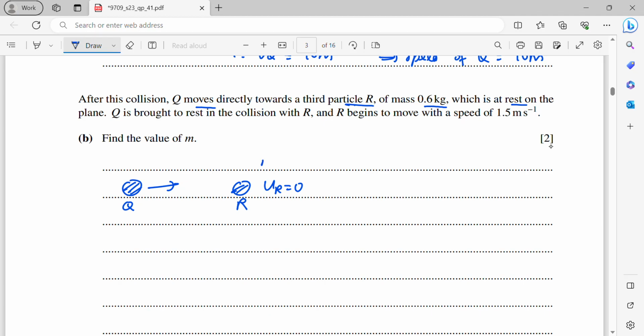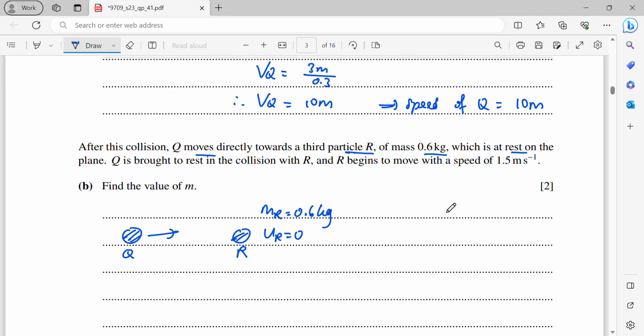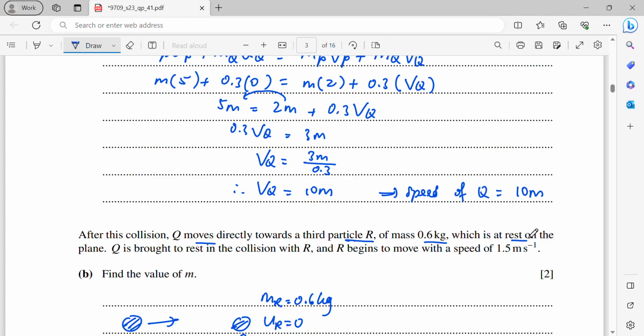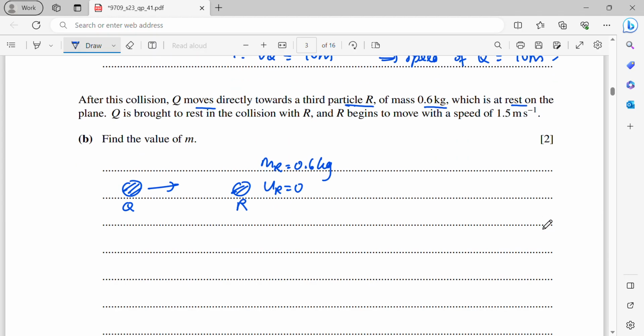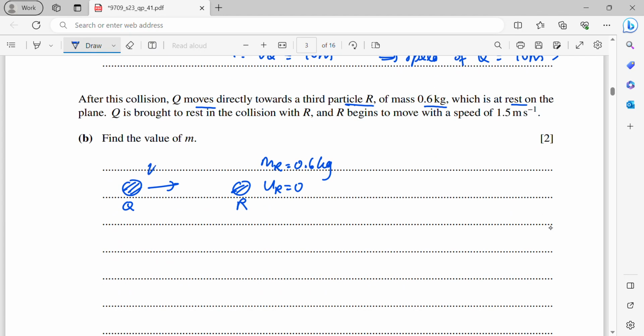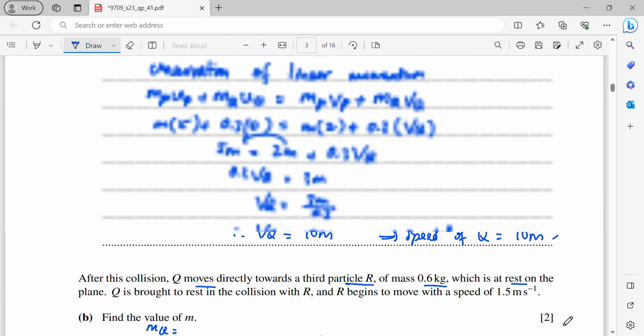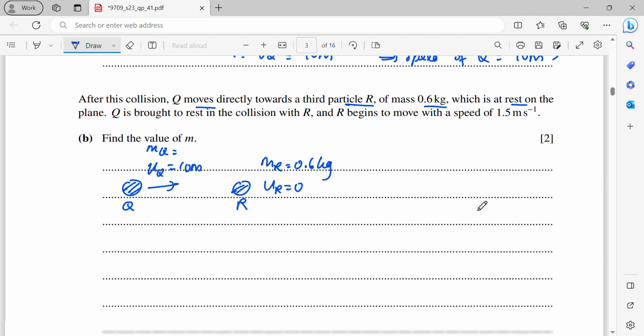Then the MR equals 0.6 kilograms. Just now from the previous calculation, we know that the speed of Q is 10m. So now I will write UQ equals 10m. Then the MQ is 0.3 kilograms.